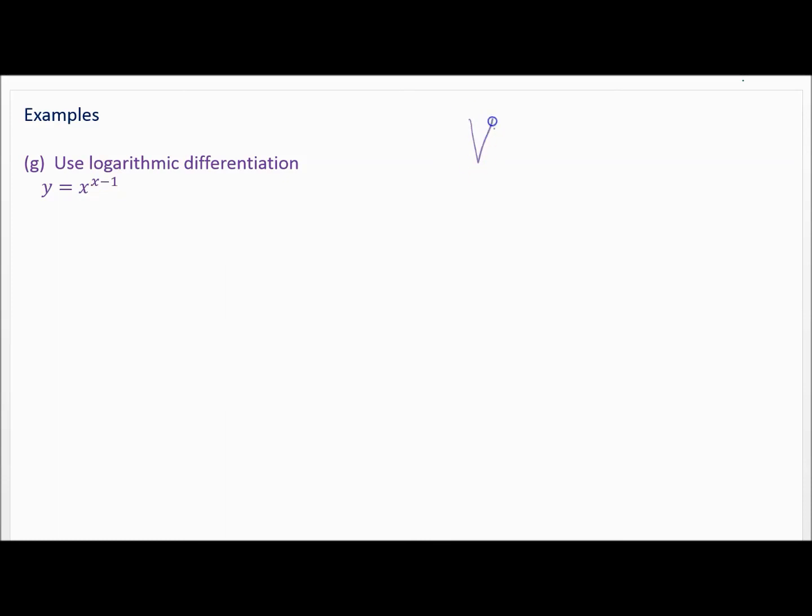So if you have a variable raised to a variable exponent, you're going to have to use logarithmic differentiation. There is no other choice to get the job done. You can't use the power rule because you have a variable as an exponent. Okay? All right, so what do I mean by logarithmic differentiation?